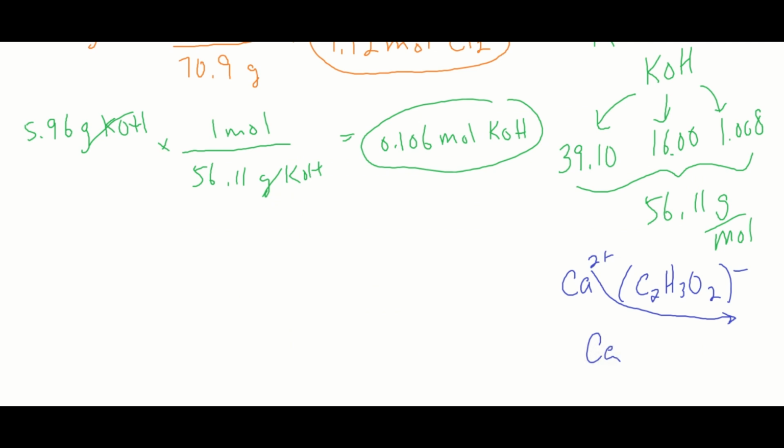So the chemical formula, or the formula unit, for calcium acetate is Ca parentheses C2H3O2 parentheses, and there's 2 of them. We're going to have to distribute that 2 outside the parentheses to each of the elements inside the parentheses, because there's 2 acetates per calcium.